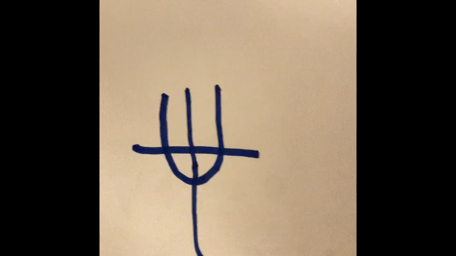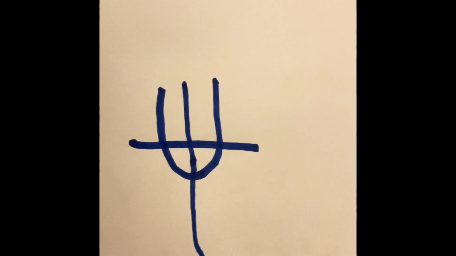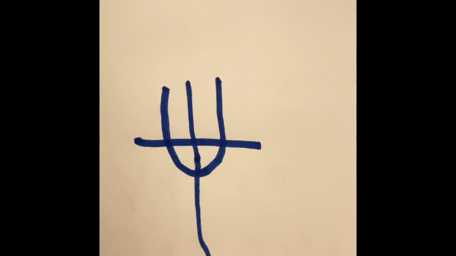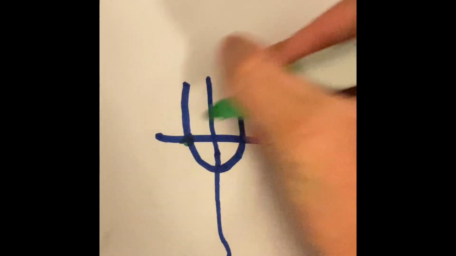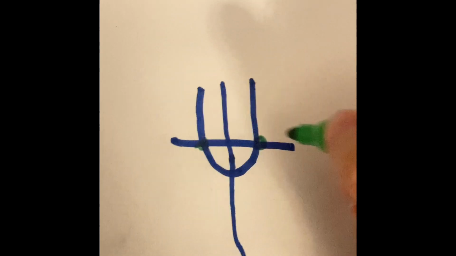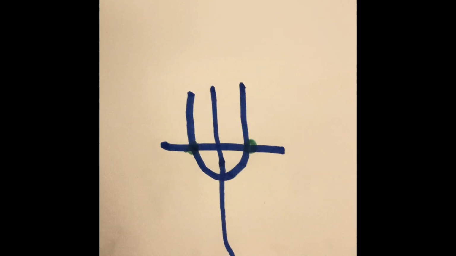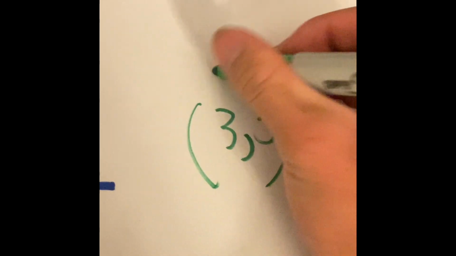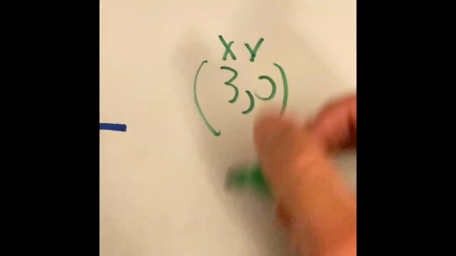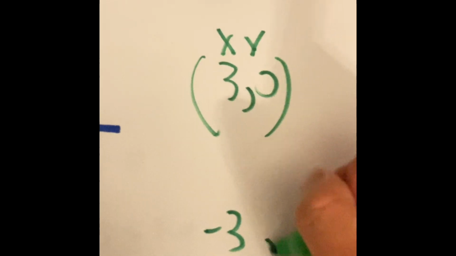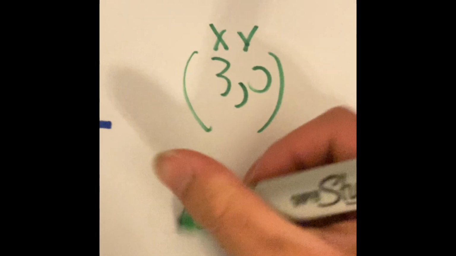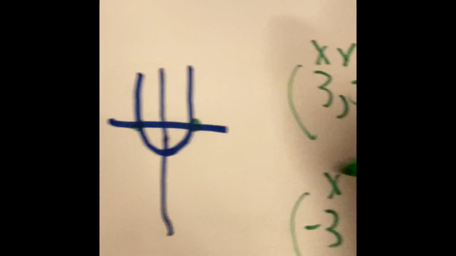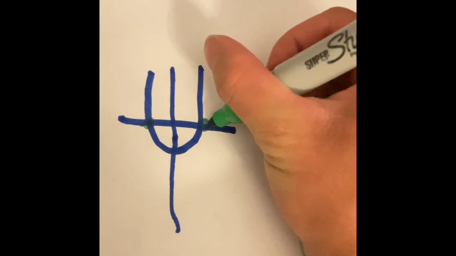The x-intercepts represent the two points where the parabola strikes through the x-axis. You are always going to have an example like (3, 0) as a point (x, y), or an example like (negative 3, 0). So basically, it would be here because of the x-axis.